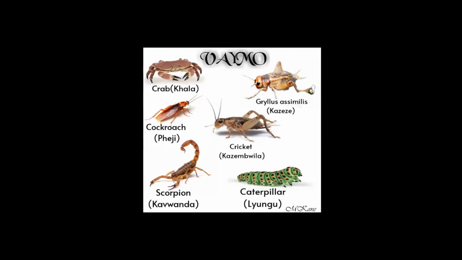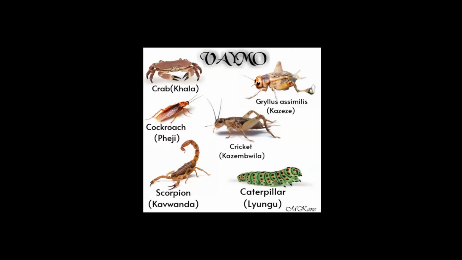Like for cricket, the body is very small but very long in size as compared to kazeze. Kazeze, the body is not that long and is big. On the photo it looks too small, but it is big in size as compared to cricket.